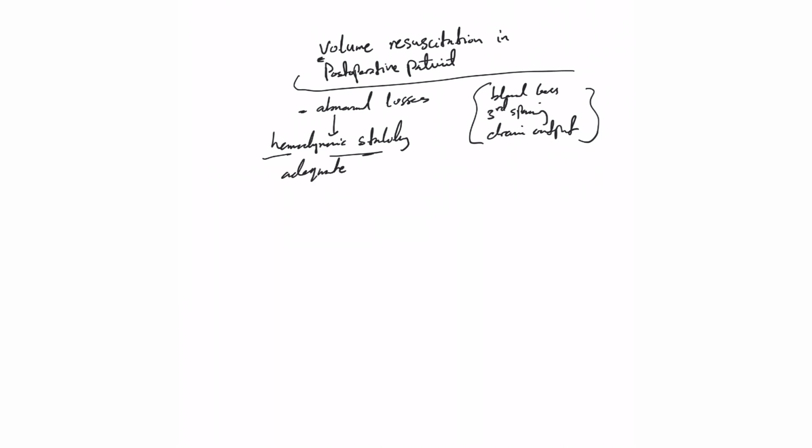For hemodynamic stability, of course, we're looking at the vital signs. And for adequate perfusion, on top of the vital signs, we look at lactic acid level and urine output. So that's why it's very important to monitor the vital signs, lactic acid level, and urine output, because they give you an idea of adequate perfusion.